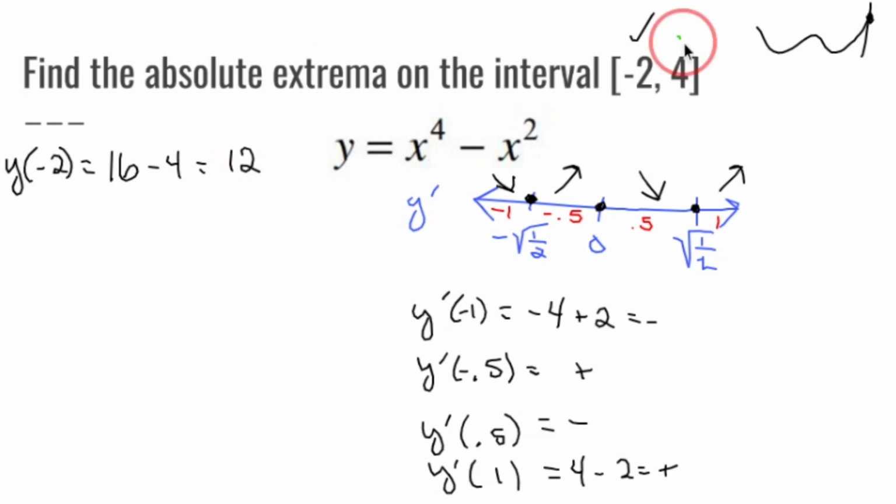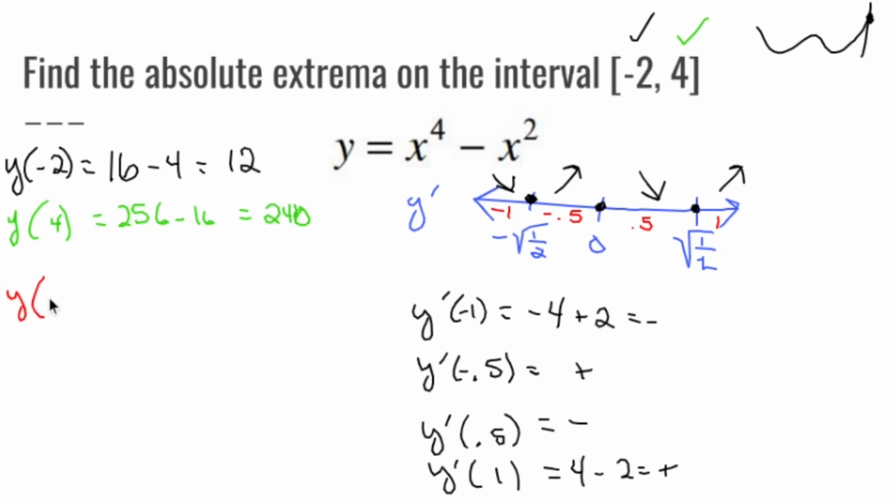The other endpoint: 4 to the 4th power is 256. 256 minus 4 squared becomes 240.